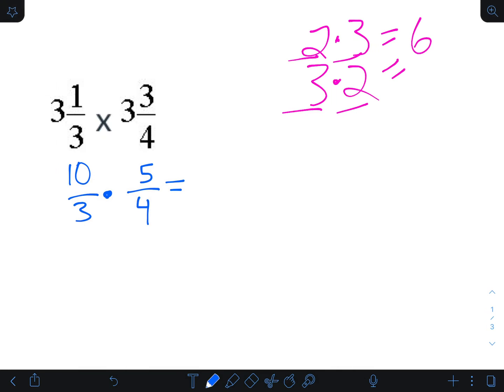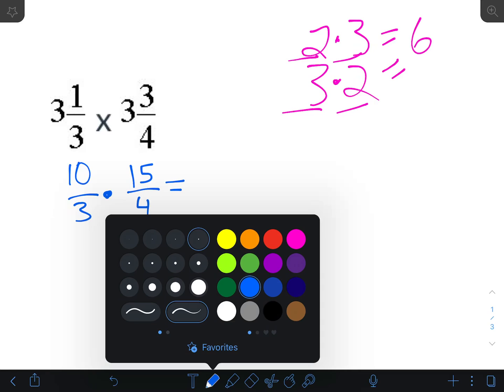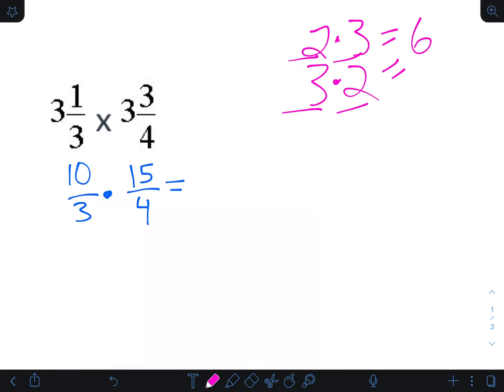Okay. So now here's what I do. I say, okay, can you reduce 10 thirds? No. Can you reduce 15 fourths? Can you make it more simple? No. So what you do is, instead of worrying about 10 times 15, do 15 times 10.